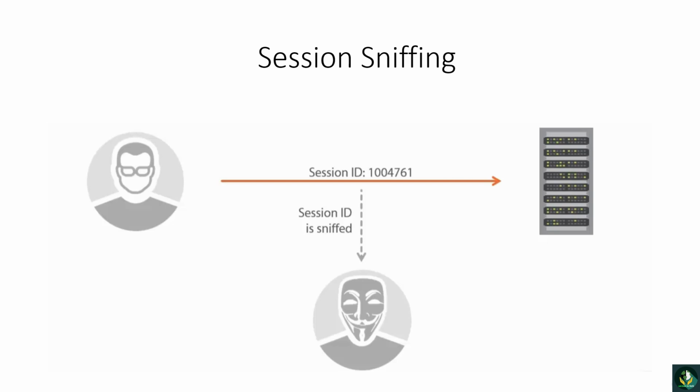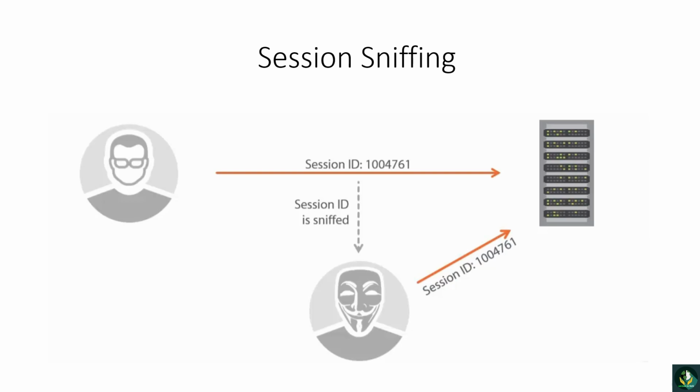Now we have the attacker sitting down here, and the attacker sniffs the session ID from the victim. So how do they sniff it? It could be a wireless network, for example a network in a public place that someone has stood up in order to entice people to connect and sniff their data. It could be that the victim's DNS has been hijacked, and they are actually sending the request to someone else's server.